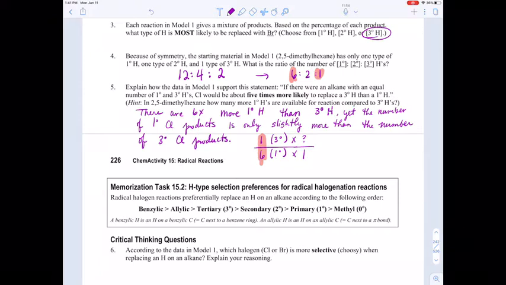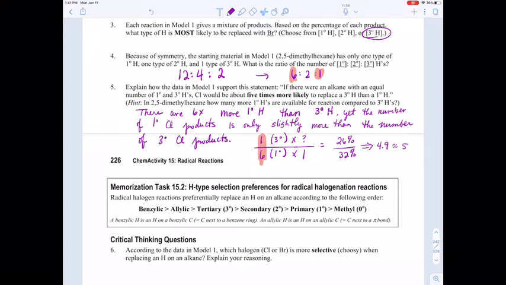So we can figure out that we have 26% divided by 32%, and that's going to give us 4.9, which is about 5. So to get that number, we're just going to cross multiply and divide, and then that's how we get to 4.9.